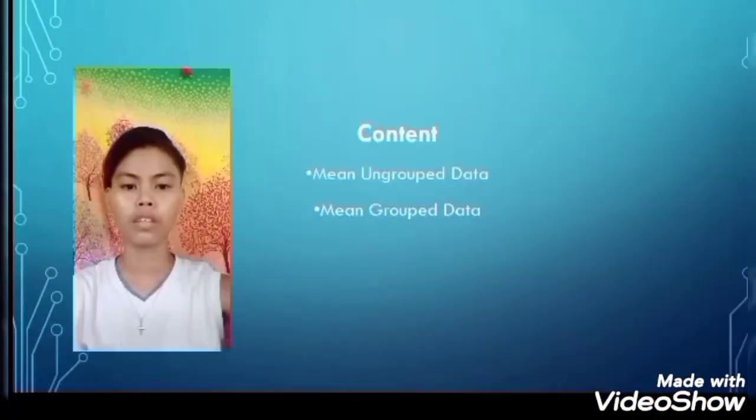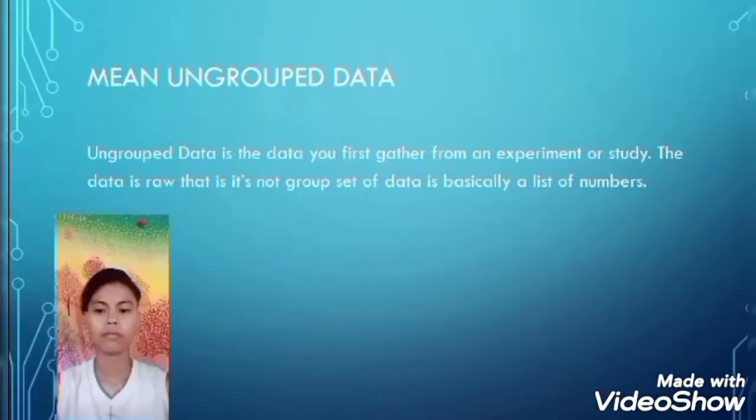The mean has two kinds: mean of ungrouped data and of grouped data. Ungrouped data is the data you first gather from an experiment or study. The data is raw, that is, it is not sorted into categories, classified, or otherwise grouped. An ungrouped set of data is basically a list of numbers.